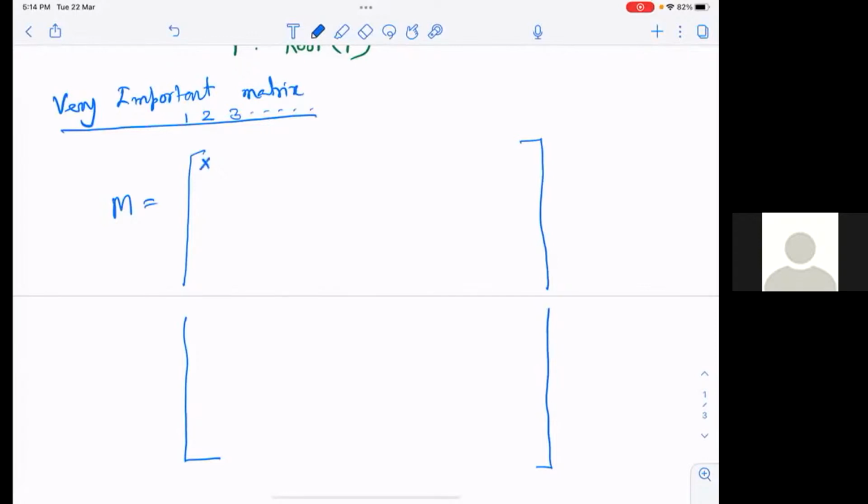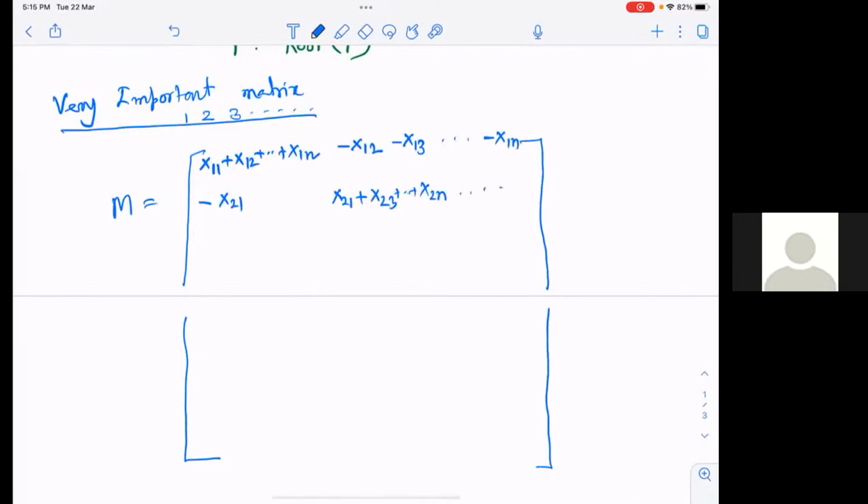Yes, sir. So that first entry I write like this, and the 1-2 entry I write as minus x12, then minus x13, and so on. The diagonal entry is x12 plus x13 plus up to x1n, just add everything except the diagonal index.